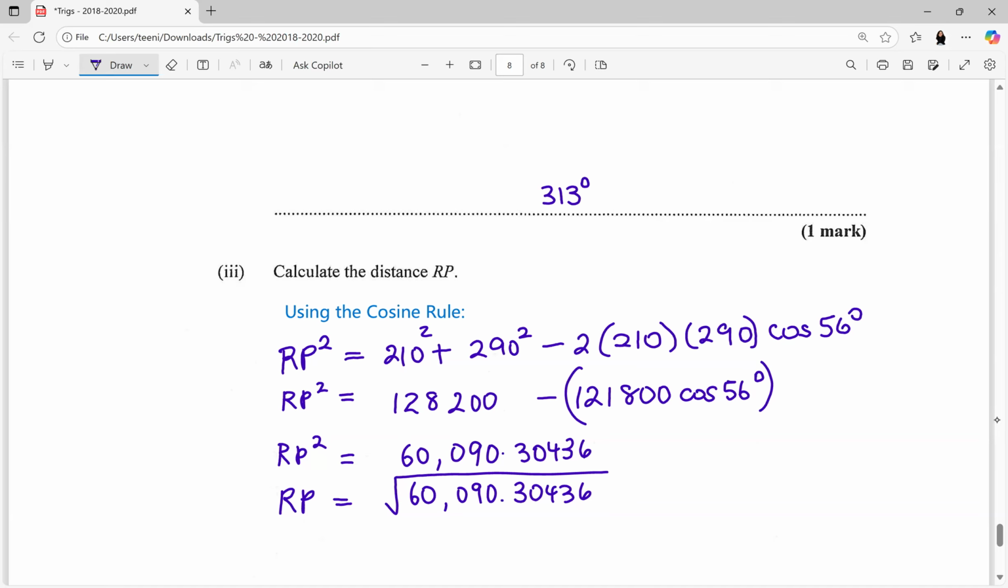I did 12800 take away 1,200. Oh, hold on, I'm going to type it out. 210 squared plus 290 squared minus 2 by 210 by 290 by cos of 56.